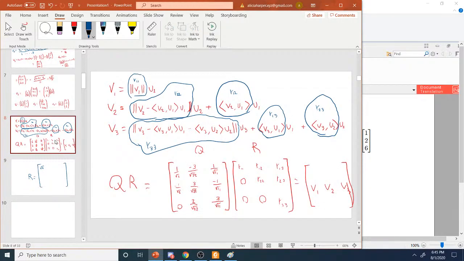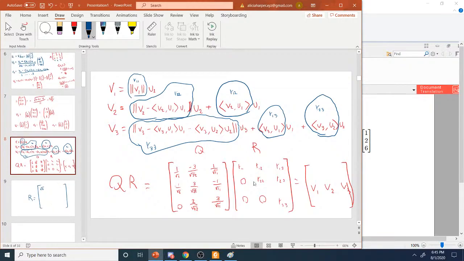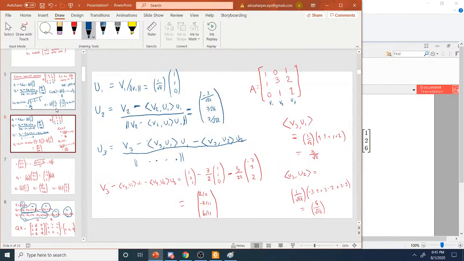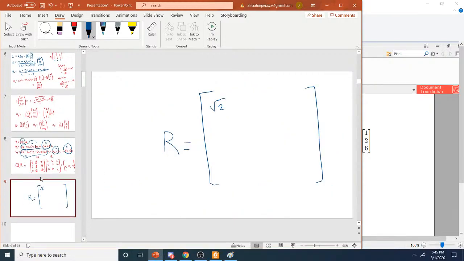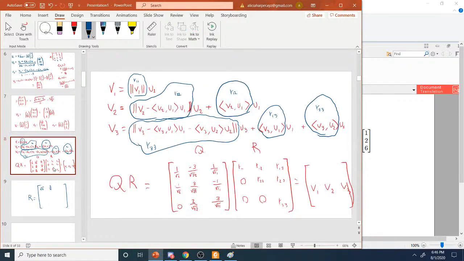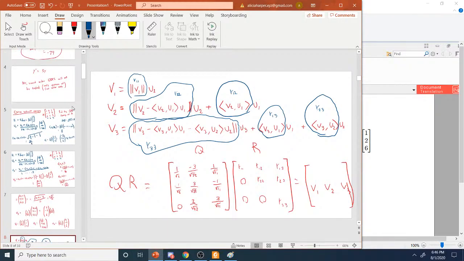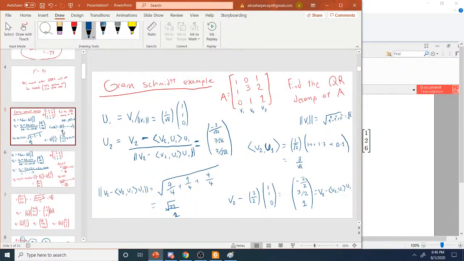We can find our computation of R12. That is precisely the inner product of V2 with U1, which we found to be 3 over the square root of 2. And then we can try to find R22, which is this magnitude. We computed this magnitude right here, and we got the square root of 22 over 2.